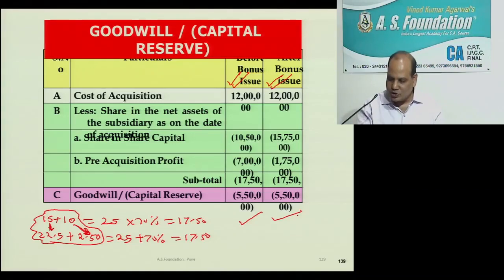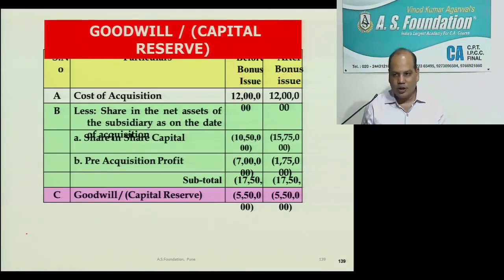According to your convenience, you can follow either the first column format or the second column format. Both will give you the same answer, because different authors in different books have followed either format. Because you are only shifting the amount from one account to another within the same place, the total will remain the same.